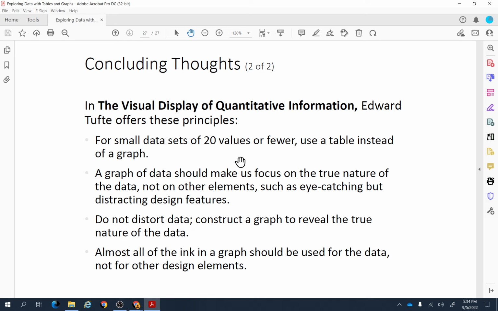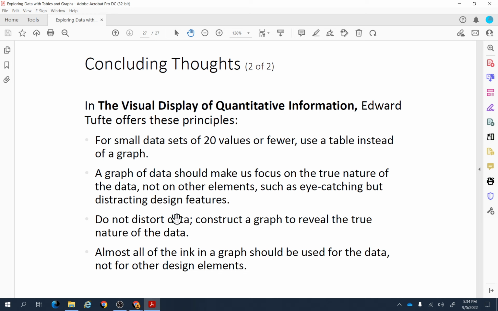Okay, so whenever the data sets are less than 20, use a table instead of a graph. A graph of data should make us focus on the true nature of the data instead of focusing on other things like color or size. No matter if you're trying to create a graph or using a picture to represent your data, focus on the data more than other things.